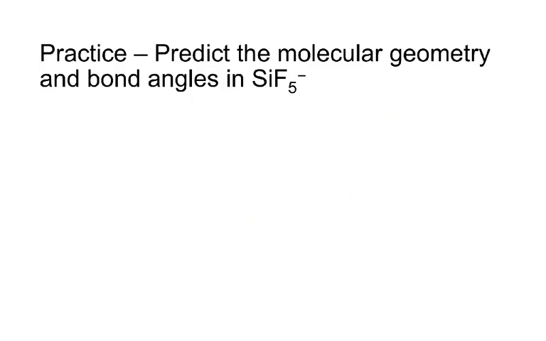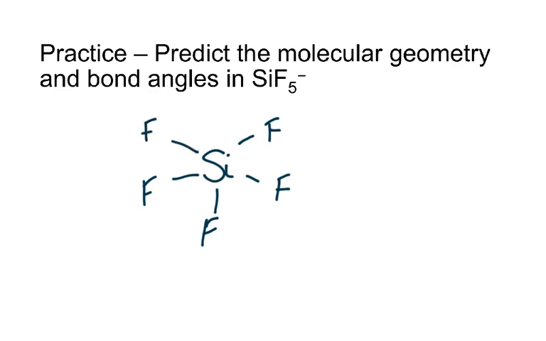Next, predict the molecular geometry and bond angles in silicon pentafluoride. So my silicon is going to be in the middle. I'm going to have 5 fluorines around it: 1, 2, 3, 4, 5 fluorines. My silicon comes with 4 electrons plus 7 times 5, plus 1, gives me a total of 40 electrons.